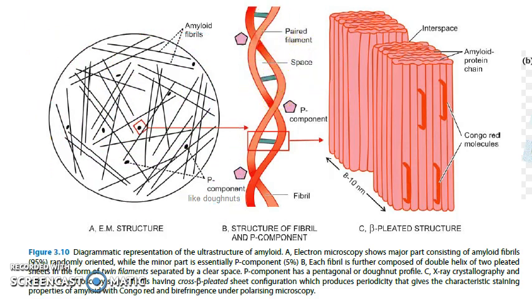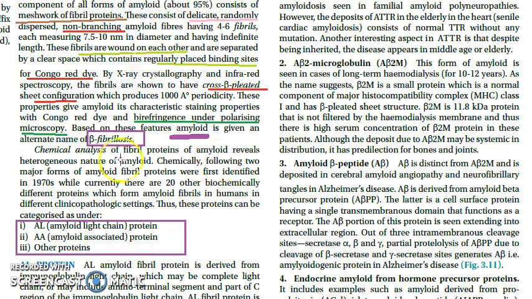And these fibrils are wound up on each other like a helix, and in the beta pleated sheet there are specific places, at regular intervals, where the Congo red dye can attach. That is why amyloid is also called beta fibrillosis. Amyloid is also called as what? Beta fibrillosis.